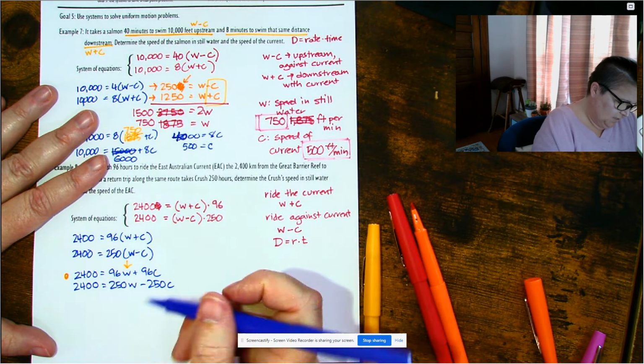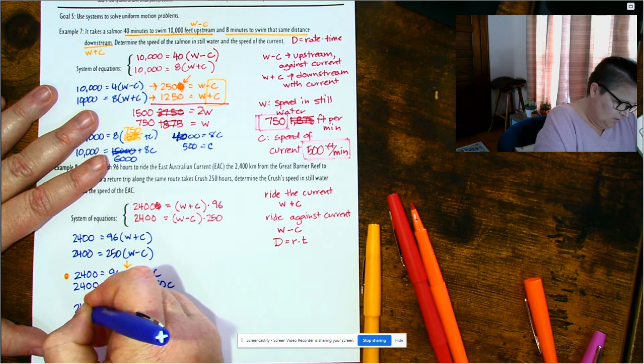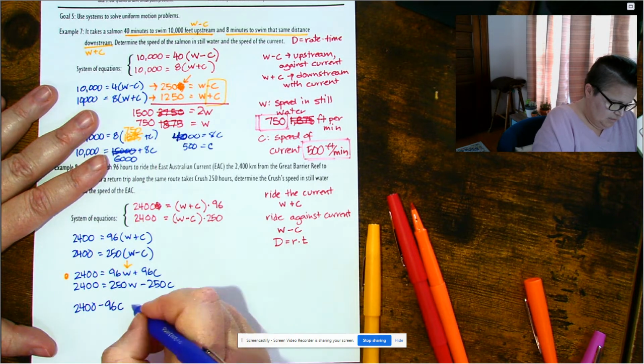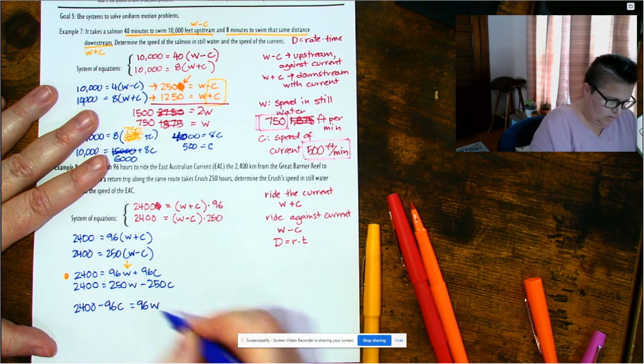So that's going to give me 2400 minus 96C equals 96W.